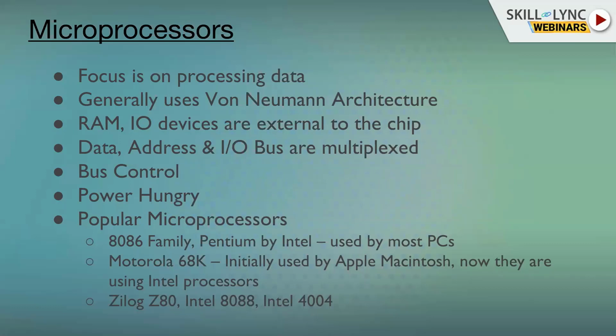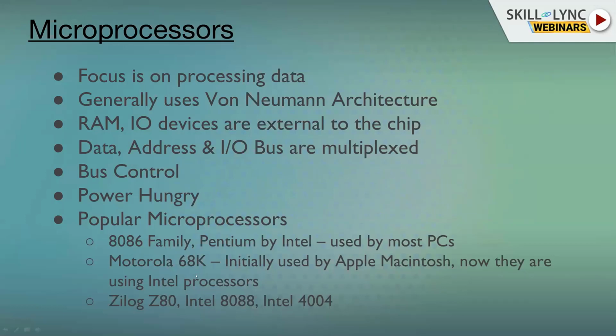They take wider data and they emit wider data. They are generally power hungry because they are very processing intensive. They will have more internal registers so that they can perform more processing.